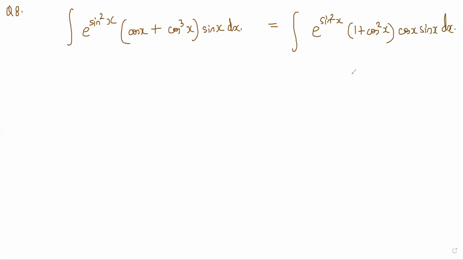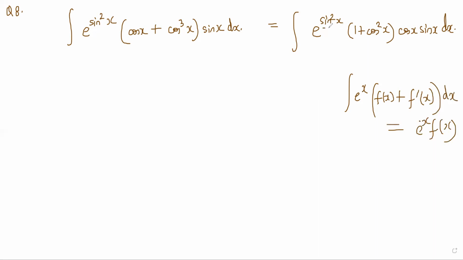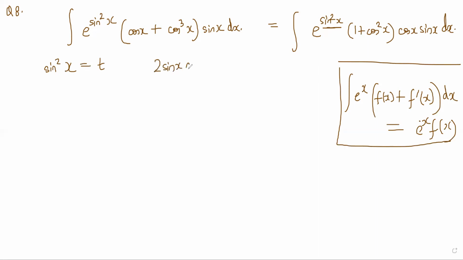And I know that the integral of e power x times f of x plus f dash x comes out to be simply e power x f of x. So since here it is a function of x, I should take sine square x as t to try to match it to this pattern, right? So if I take sine square x as t, you get 2 sine x cos x dx as dt.